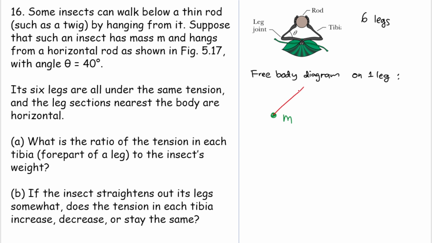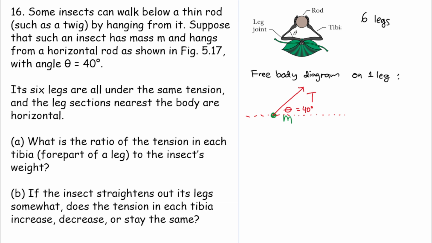And the tension on it here, let's just name it T, right? And the angle is 40 degrees from the horizontal. So it looks like this, and this is the horizontal. We will have theta here, and that will equal 40 degrees. Good.